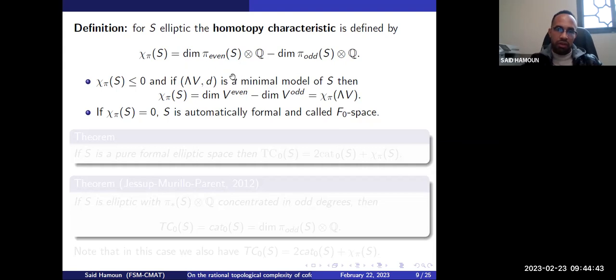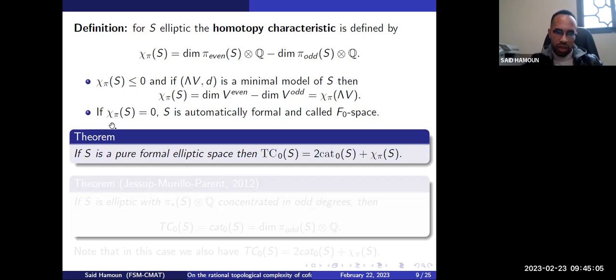If moreover ΛV is a minimal model of the topological space S, then we have χ_π(S) is the dimension of V even minus the dimension of V odd, and we can denote it by χ_π(ΛV).